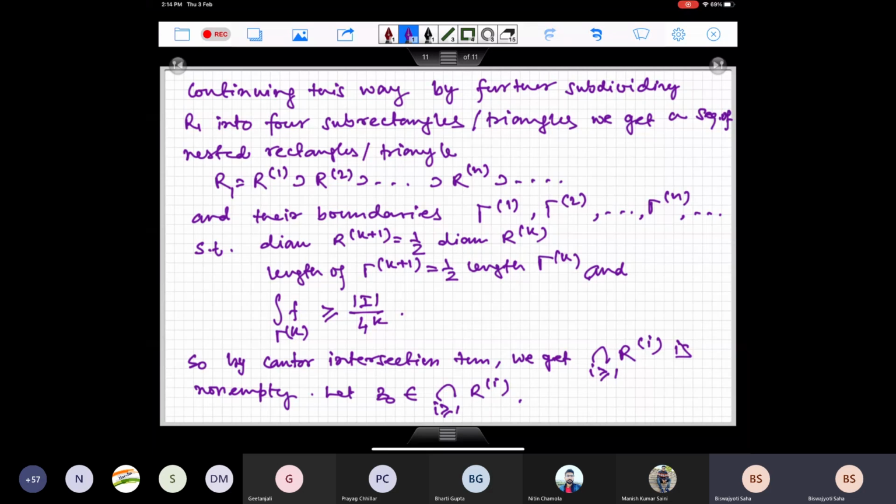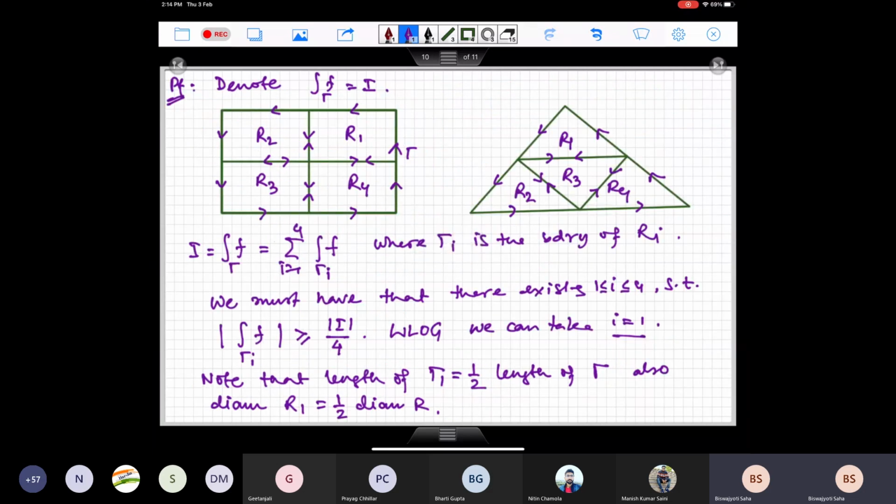Fine. Now the moment I have got a point, remember from the picture I was drawing. Initially I had this picture, right? I was drawing this diagram, and I said that my next rectangle could be this one. So from here you can see that the point z naught that I'm going to get eventually need not lie on the boundary of the rectangle, but it can also lie in the interior.